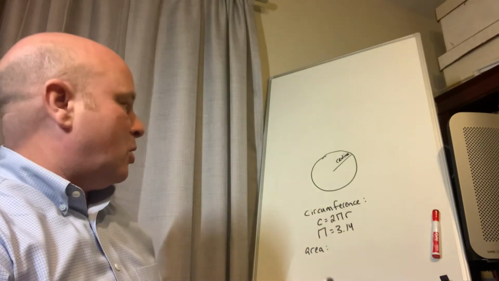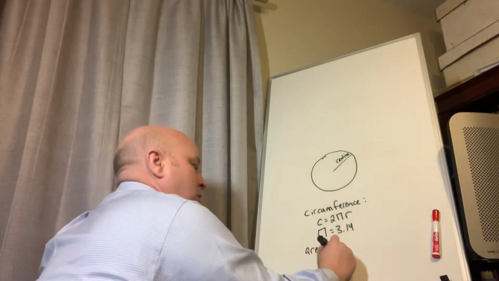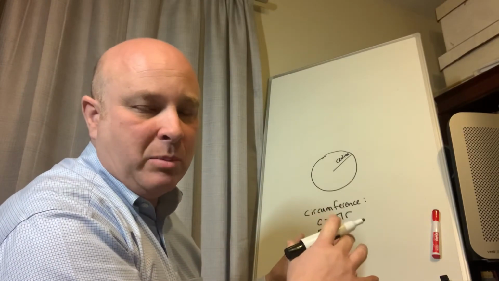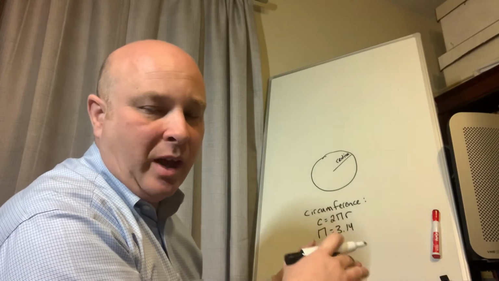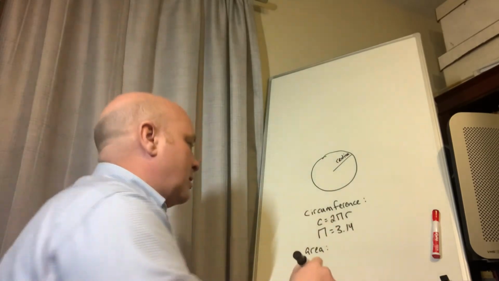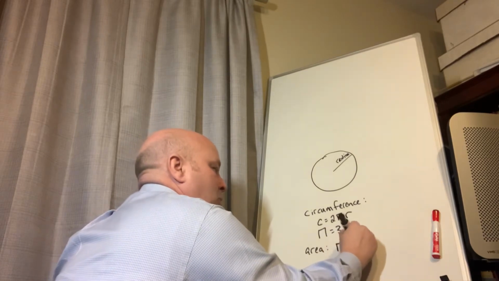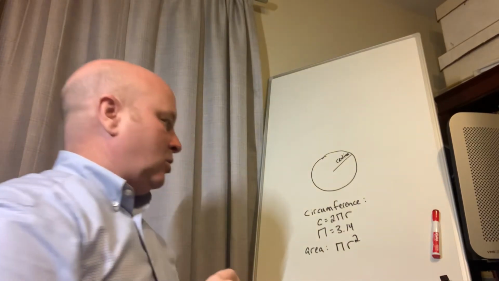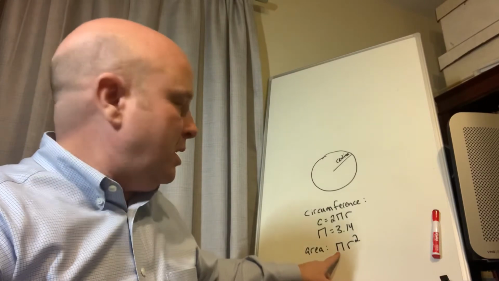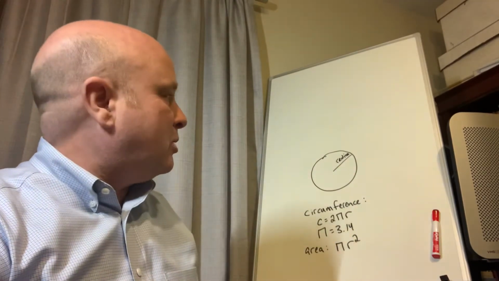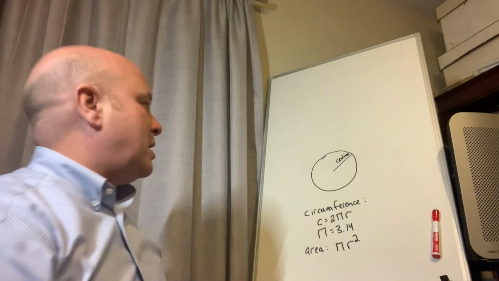My area, though, has a similar relationship in that if I know my radius, I also can know my area. And my area is pi times r squared, okay? So I take pi, 3.14, and I multiply it times my radius squared. So let's say that, for example, my radius is 2.